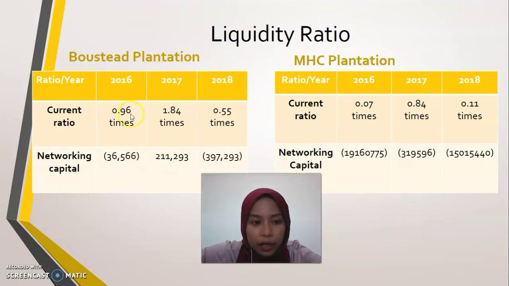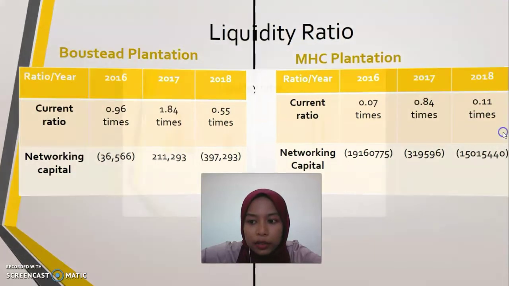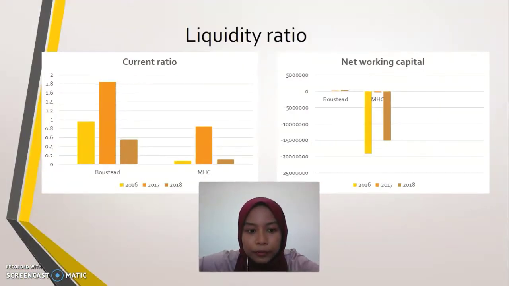The higher the current ratio is, the easier it is for the company to pay its debt. I will explain using the bar graph.